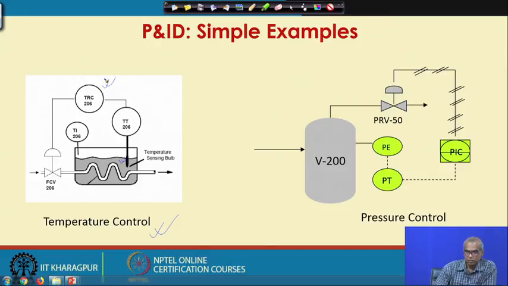This controller changes the steam flow through this control valve. So, TT stands for temperature transmitter. Loop number 206. There is no horizontal line, broken or continuous. So, this is locally mounted.